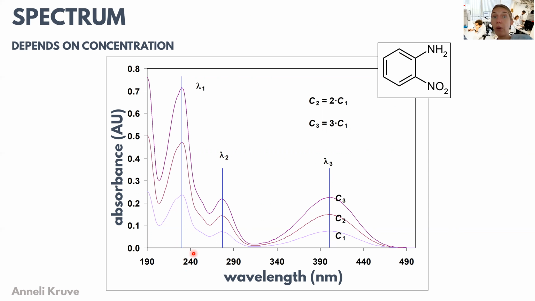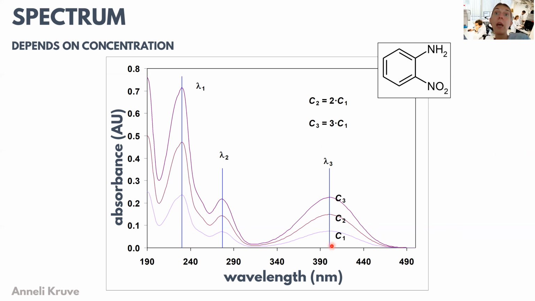So if there are other wavelengths at which there are absorption maxima for this compound, then the higher wavelength is always suggested, even if the sensitivity might be lower. We could consider measuring at lambda 2, but the molar absorption coefficient here is not actually any higher than at lambda 3, and lambda 3 is at a significantly higher wavelength.